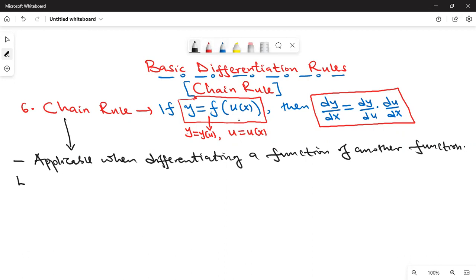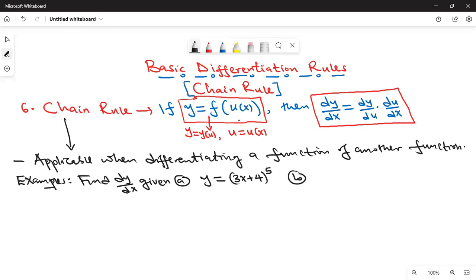So examples, you're asked to find dy over dx given that in part A, y is equal to 3x plus 4, and this is raised to 5.